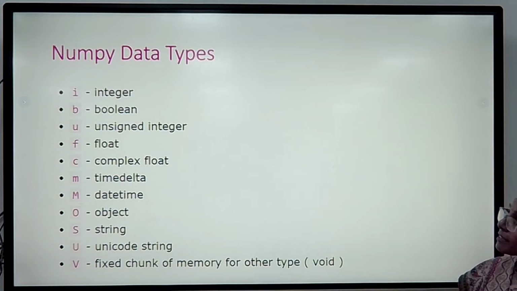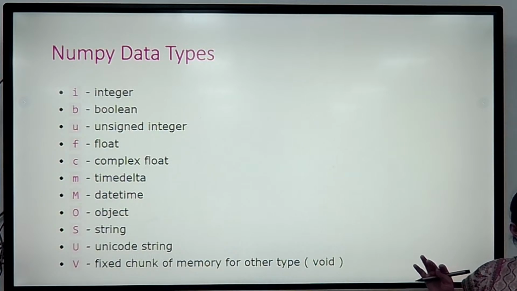String, capital S is for string, capital U is Unicode string. Like in the second example, we had an array of mixed data items. So what was its dtype? It was U4. What does that U4 mean? It is a Unicode string with each string having length 4.